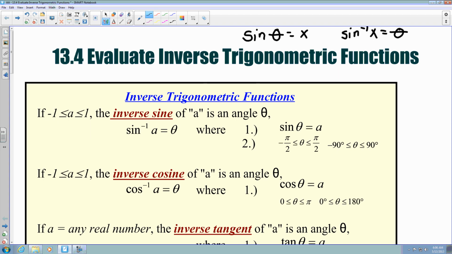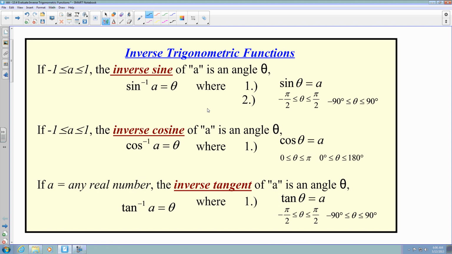Again, from what we learned in previous sections, this value for theta is a reference angle. It can be several different measurements depending on whether the value is positive or negative, and what we've learned in previous sections will help us discover what those angles are.